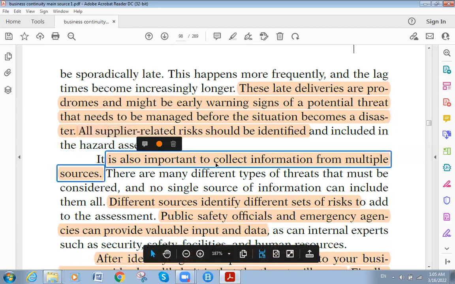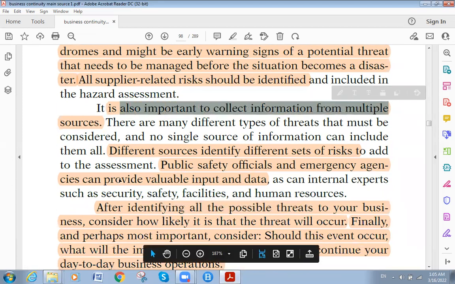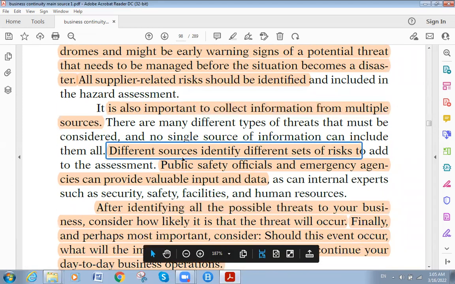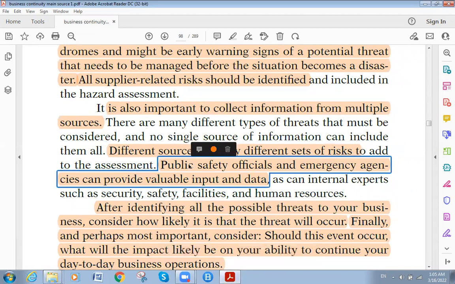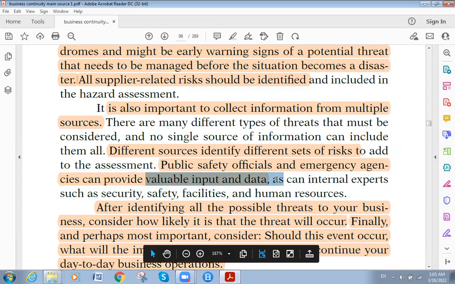It's also important to collect information from multiple resources. Different resources identify different sets of risks. That's true. Public safety officials and emergency agencies can provide valuable inputs and data.